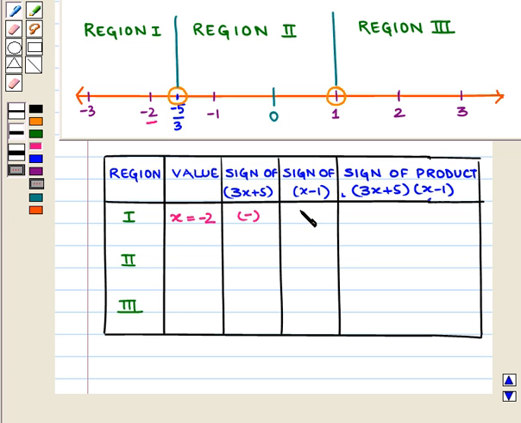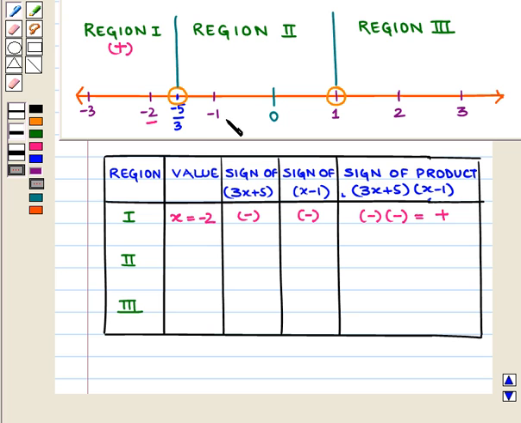Sign of x minus 1 is negative when we put x equal to minus 2 in this factor. So, sign of the product is minus into minus, which is equal to plus. So we write a plus sign on the number line for this region.